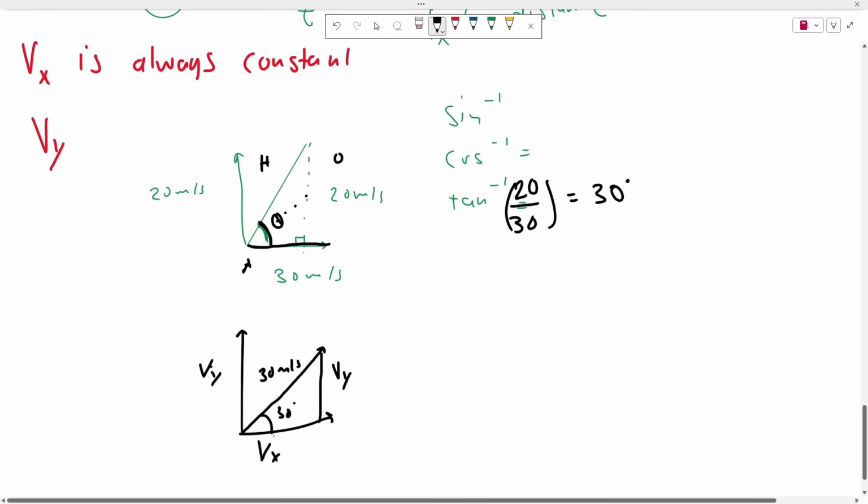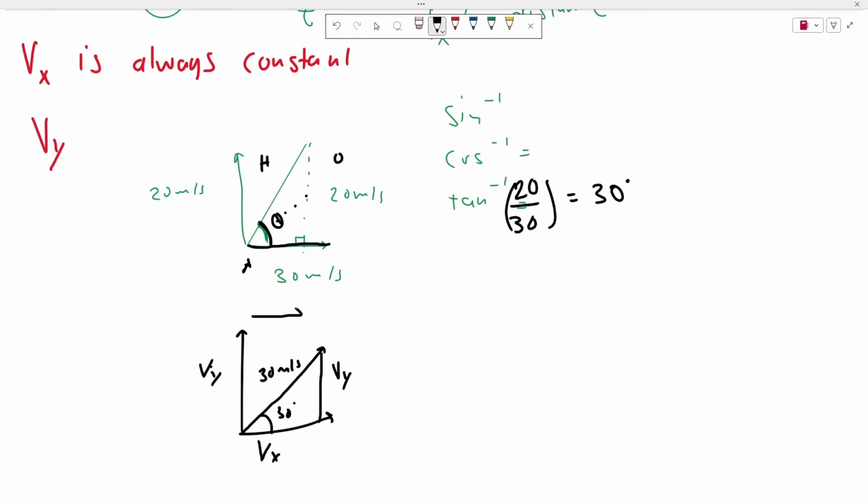But because it's launched 30 degrees above the horizontal, you can move this Vx over here, right? And from here, you're given a hypotenuse and you're given an opposite side, so you can say that the sine of theta, which is your angle, or 30 degrees, has to equal the opposite over the hypotenuse, or Vy over 30, and you can just solve for Vy there.